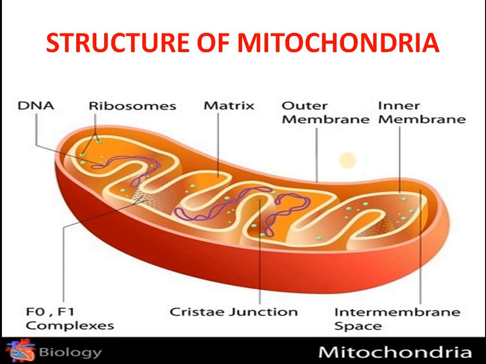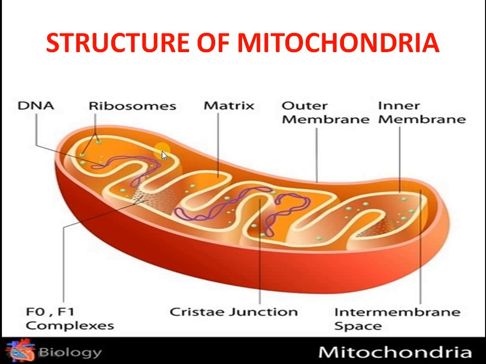Further, let's see, this inner surface is filled with a fluid known as matrix. Fine. And this is the intermembrane space, means the space present between the outer membrane and the inner membrane.